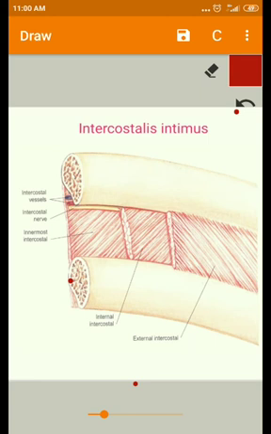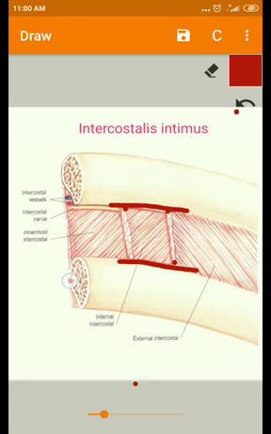So if you can see these muscles, the external and internal intercostal muscles, these two are present within the intercostal space, isn't it? So here you can see on the inner surface, this muscle is present most deeply.